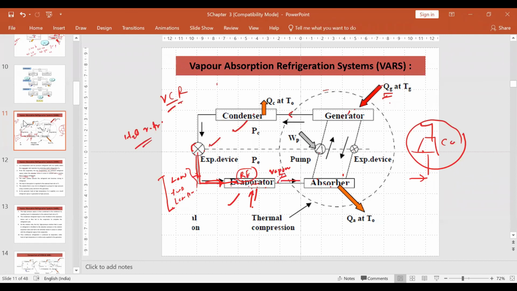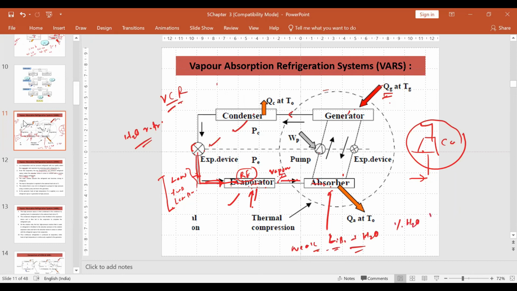Now this vapor enters the absorber. So here in this absorber, this is a solution of lithium bromide plus water. So already this is weak in solution. Weak in solution means the percentage of water is less, because water is the refrigerant.